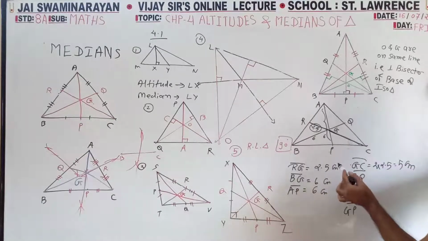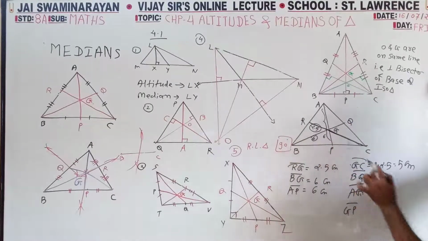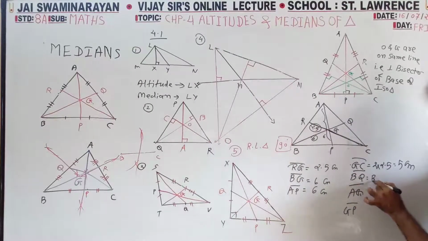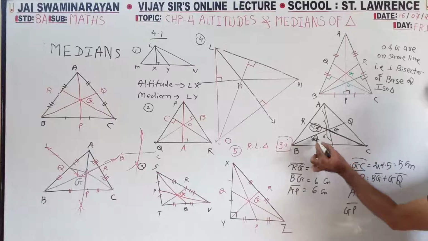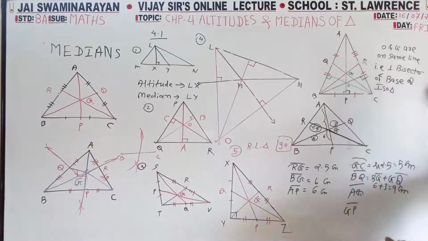Now BQ. BQ is what? BG plus GQ. So this is 6. This is half. So 6 plus 3 is equal to 9 centimeter.